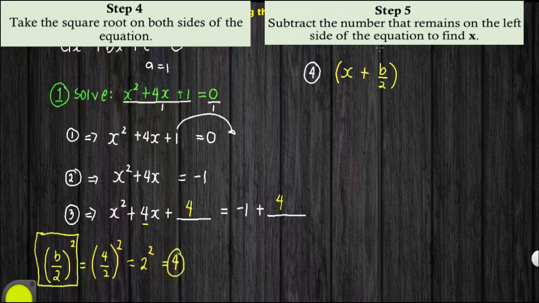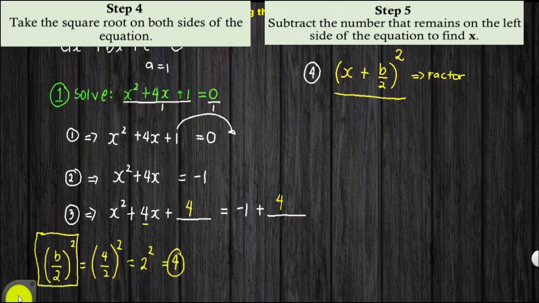Pero this time, itong two terms na binomial natin, lalagyan natin ng squared sa labas. Okay? Ito yung tinatawag na factor ng perfect square trinomial natin na equation.